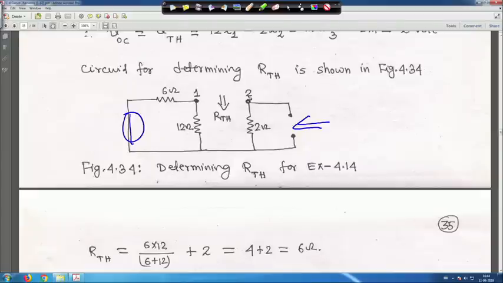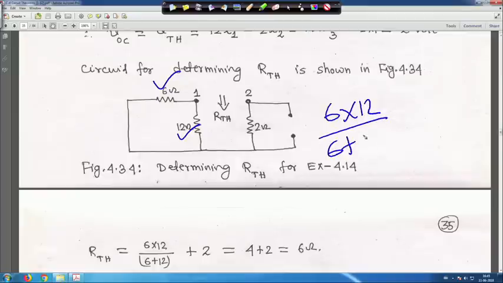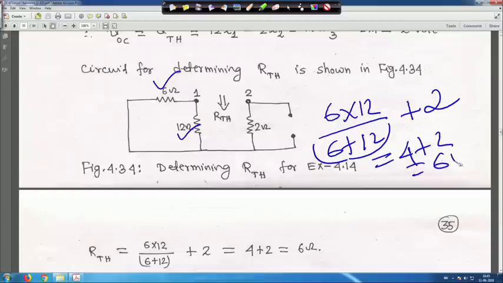In this case, 6 ohm and 12 ohm are in parallel, that means 6 into 12 divided by 6 plus 12, with the 2 ohm in series, so plus 2. That part is 4, and 4 plus 2 is equal to 6 ohm. So, R Thevenin is equal to 6 ohm.